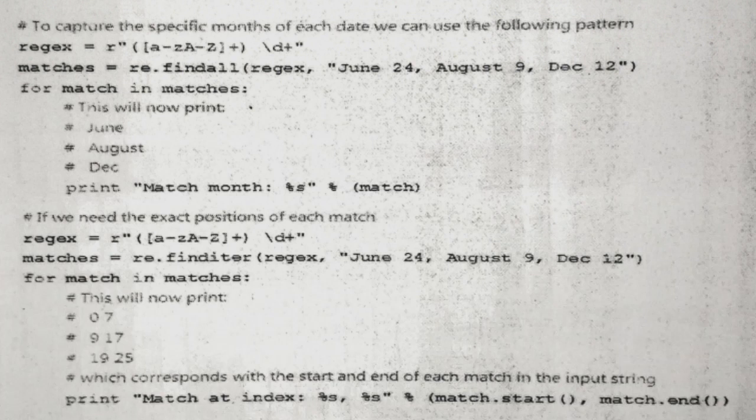So the meaning of this regular expression is, it will check the pattern, that is the characters, then space \d plus, but it will not display the date. It will only display the month, because it groups the result. That is the meaning of the round bracket, it groups the result.